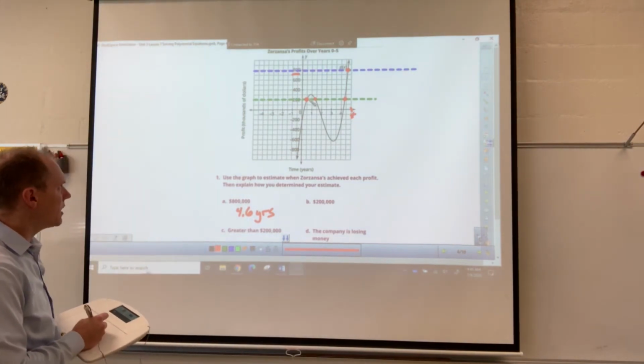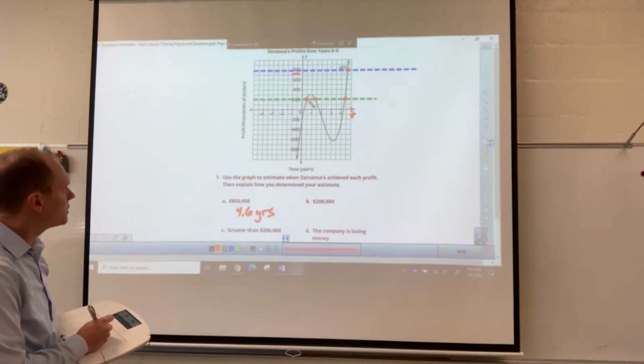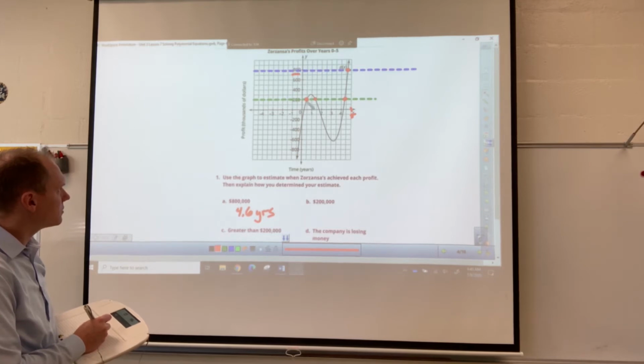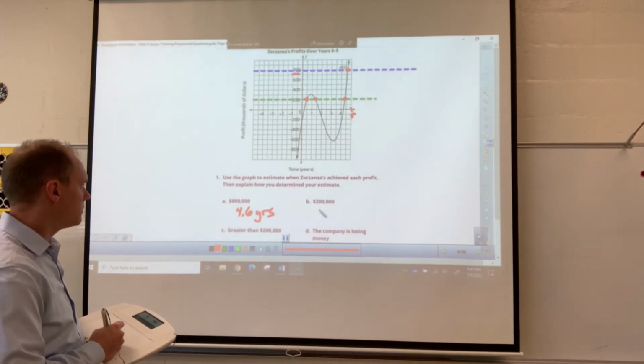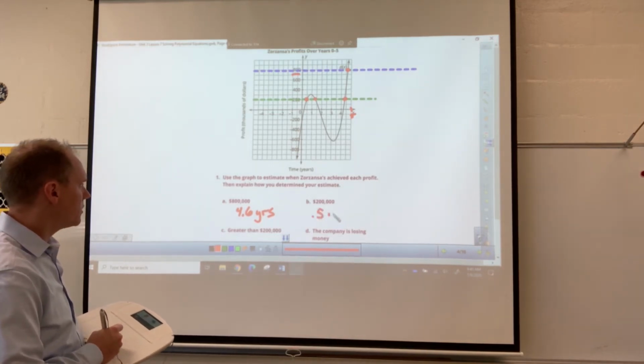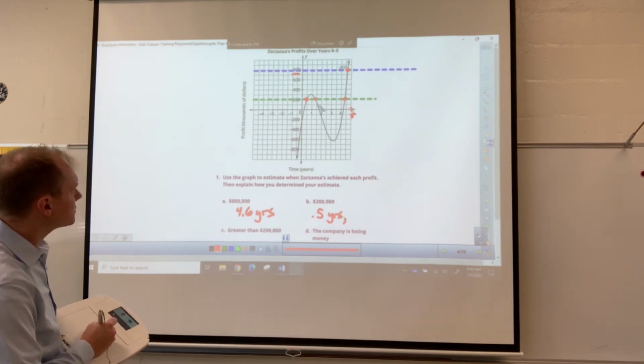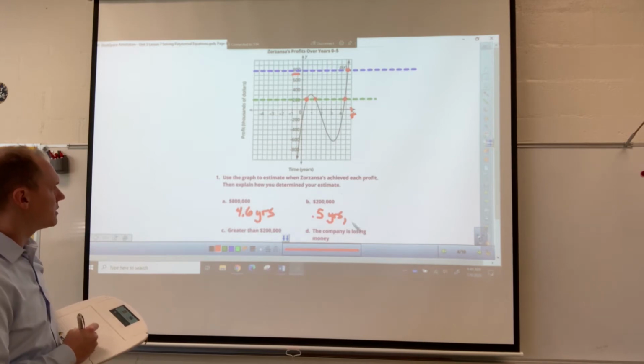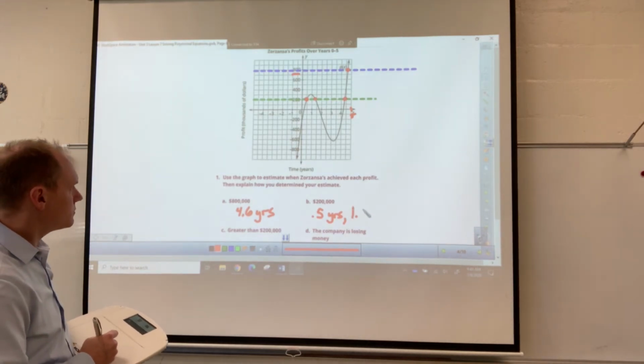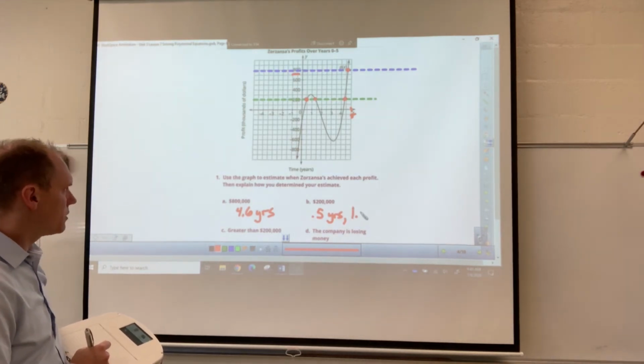So let's estimate when that happened. The first one was maybe about, it looks like it's pretty close to half a year, so maybe 0.5 years in. The second one was not quite 1.5, maybe a little bit less than that, maybe 1.4 or so years in.